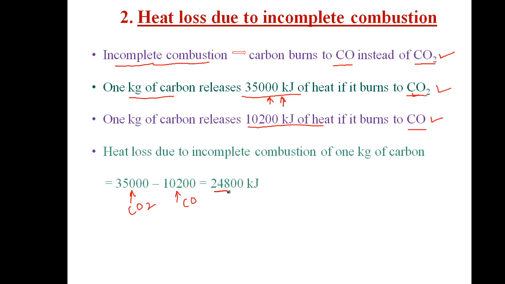So 24,800 kilojoules of heat is lost due to incomplete combustion. This loss we have to avoid, so there must be complete combustion. How to find out the loss we are going to suffer due to incomplete combustion, we will be studying here.